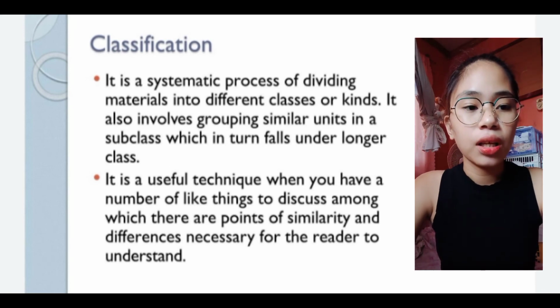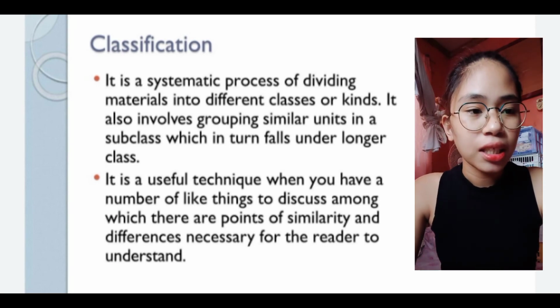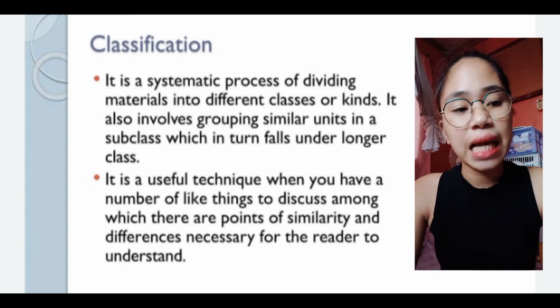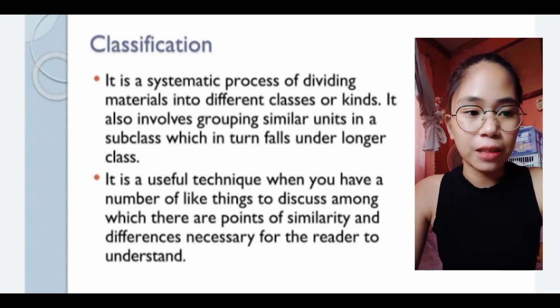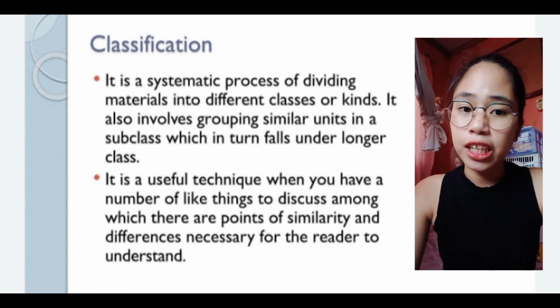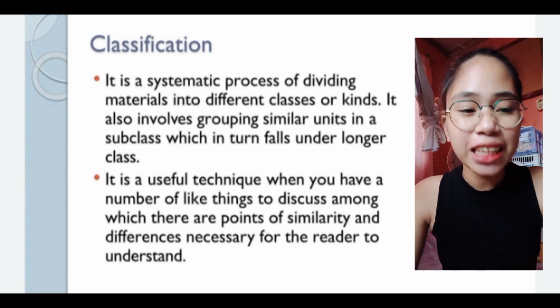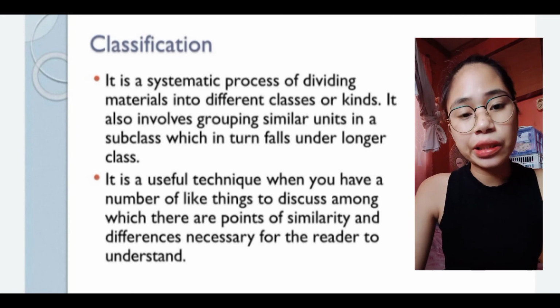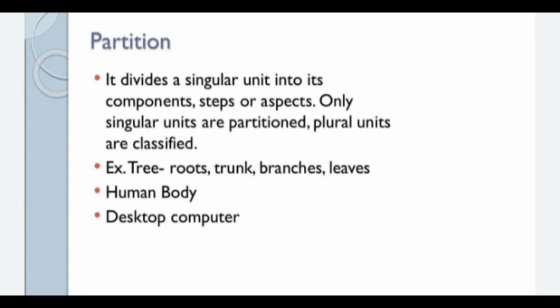For example, you might write a blog post about the types of expository techniques in writing. In the blog post, you explain each type of expository writing, covering their differences as well as their similarities. So, that is classification.